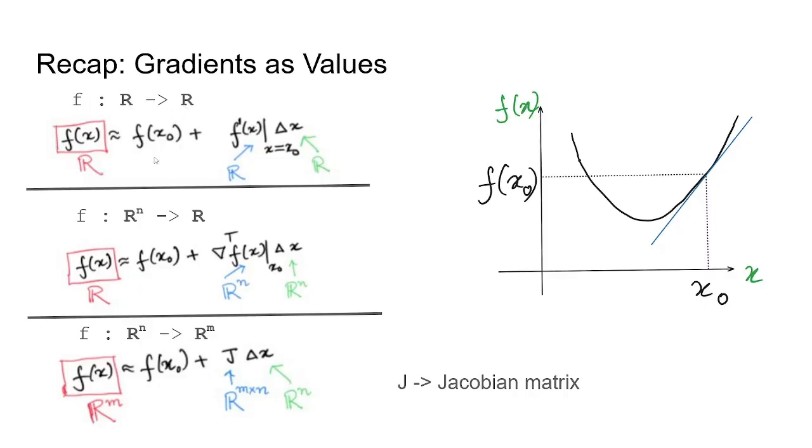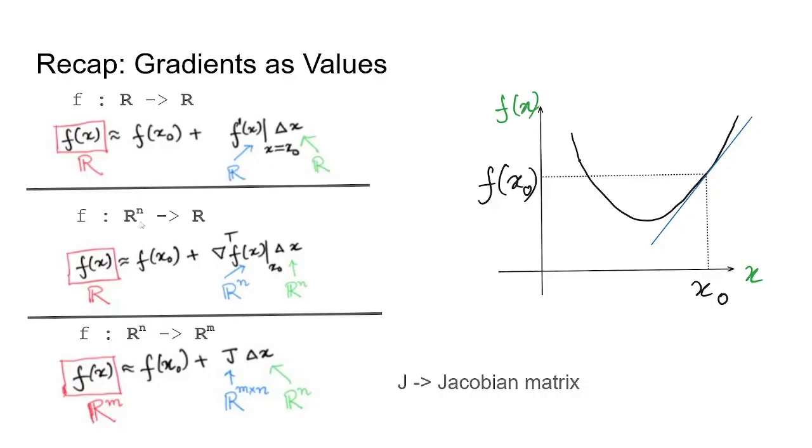We can write this linear approximation as f(x0) plus the value of f'(x) at x equals x0 times delta x, where delta x is x minus x0. Because the input is scalar, delta x is scalar, and the output is scalar, which means that the value of f'(x) at x0 is also a scalar quantity.